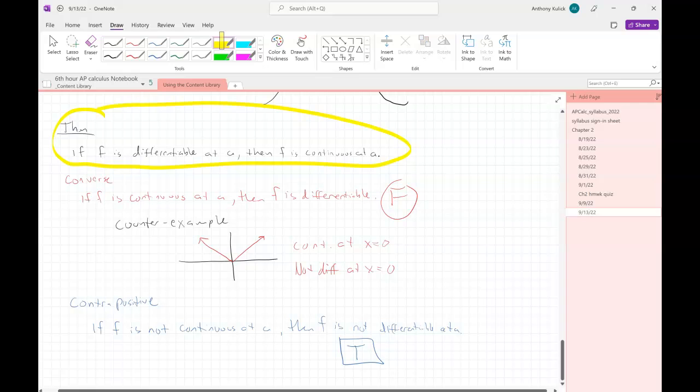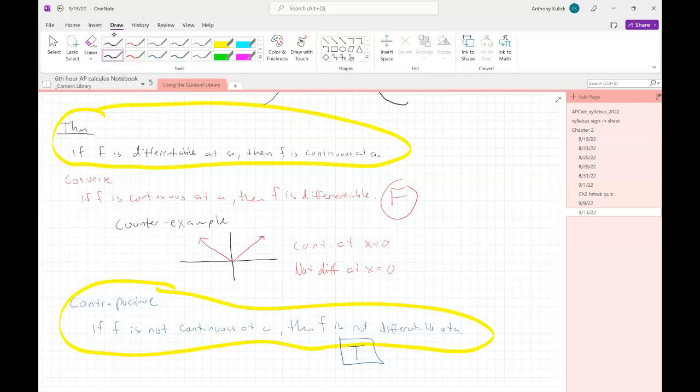Where is this kind of thing going to come in really handy for us? It's going to be used in more important theorems down the road, because differentiability is a shortcut to continuity, which we need for the intermediate value theorem or the squeeze theorem or things like that. So if you have differentiability, you automatically get continuity, and you can just apply those other theorems that you might need.